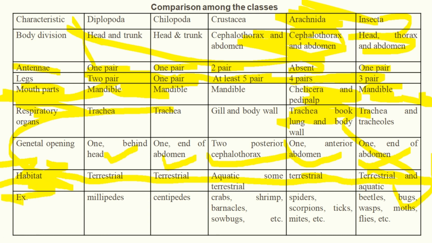Then examples: Diplopoda are millipedes, Chilopoda are centipedes, Crustacea are crabs, shrimps, barnacles and the like. Arachnida are spiders, scorpions, ticks, mites. Insecta include beetles, bugs, wasps, moths, flies, mosquitoes, bees, grasshoppers, mayflies, dayflies, springtails and dragonflies. All these come under the class Insecta.